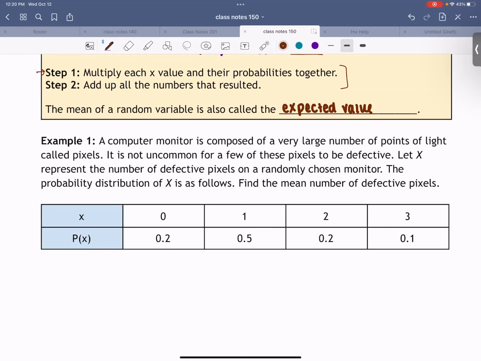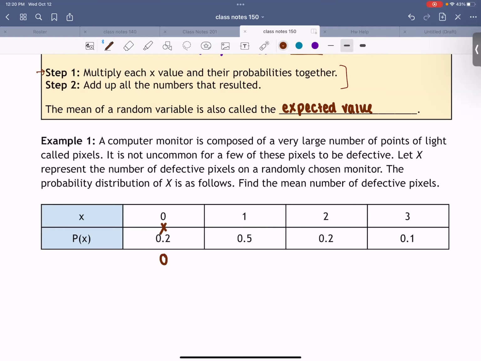Let's say I wanted to find the mean number of defective pixels here. The first thing I would do is look at my formula, step 1, which says to multiply each X value and its probability together. So I take my X value, 0, and multiply it by its probability, 0.2. 0 times 0.2 is 0.